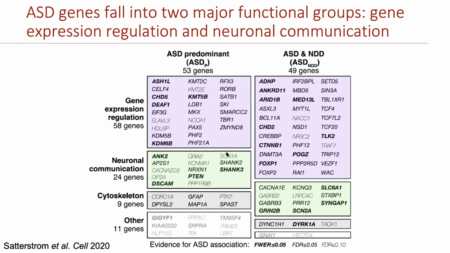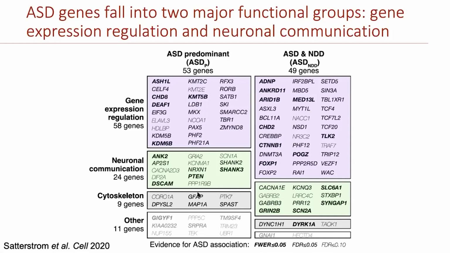The second group of genes we see is this neuronal communication group shown here in green. And these are genes which generally are at the synapse, as part of its structure or part of its receptors, or are ion channels allowing the flow of electrochemical gradients to actually make the neurons work. And then there's this group at the bottom, sort of 20 genes.